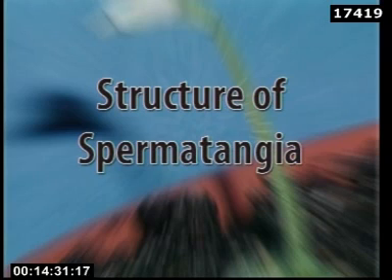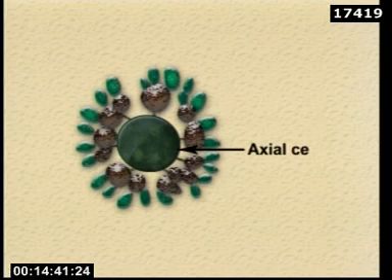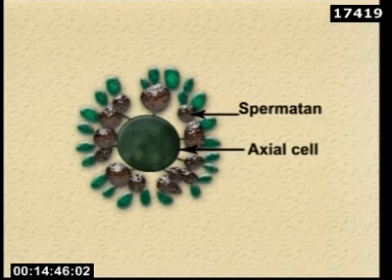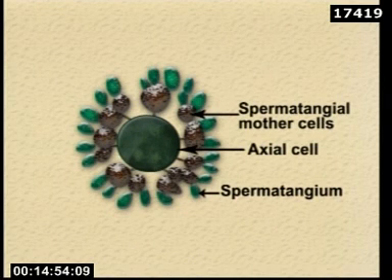Structure of spermatangia. In Polysiphonia, spermatangia are spherical or oblong, unicellular structures appearing as white or pale colored patches or dots. The wall of the spermatangium is usually thick and three-layered: an outer deeply staining layer, a middle gelatinous layer, and an inner lightly refractive layer.